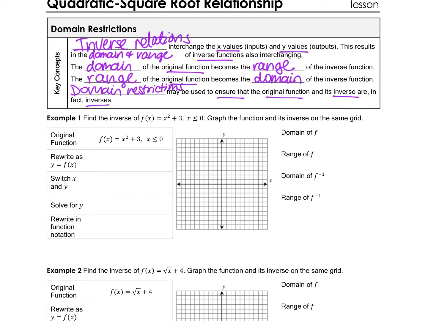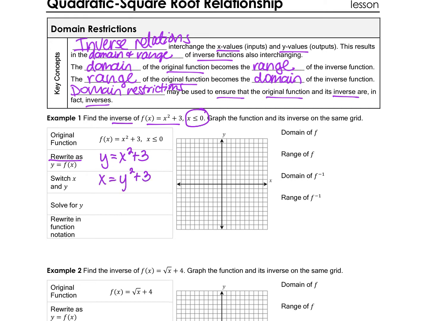Okay, so we're going to have some restrictions. It says find the inverse of this quadratic, but use this domain restriction, which means only use x values that are less than or equal to 0. You're going to graph the function and its inverse on the same grid. First, I'm going to rewrite my f of x as y, and then I'm going to switch my x and y.